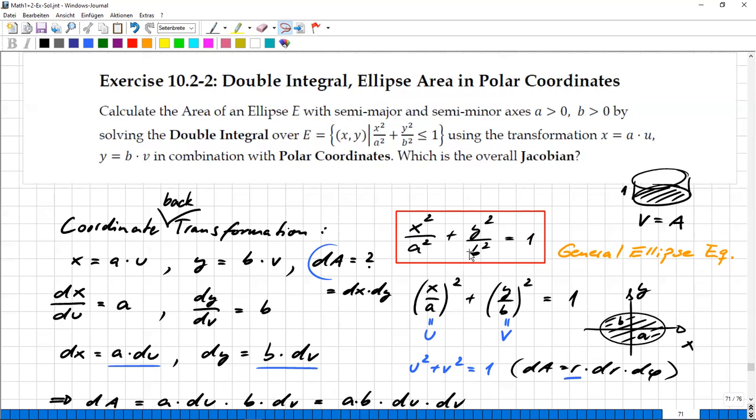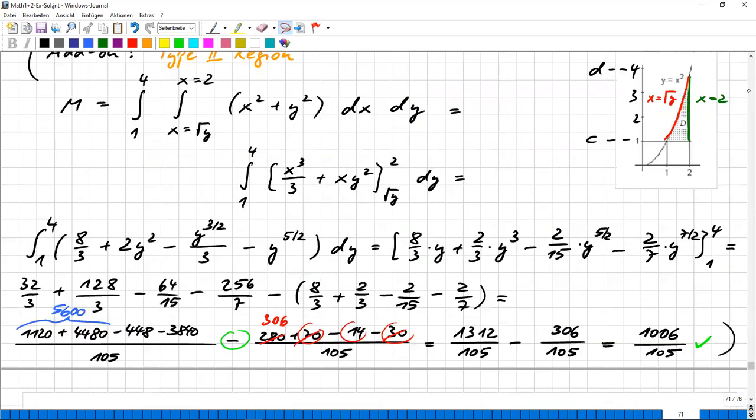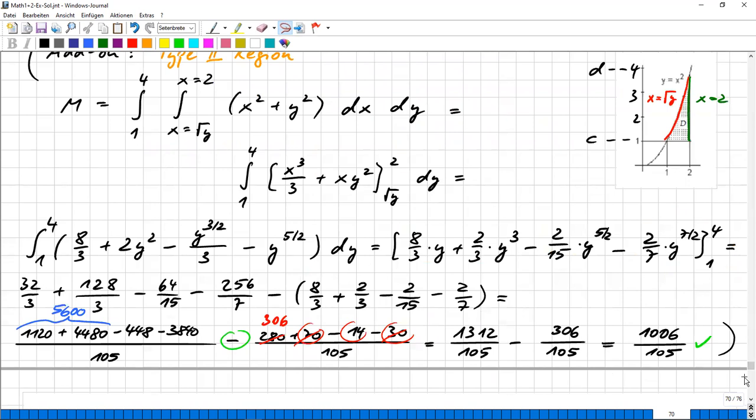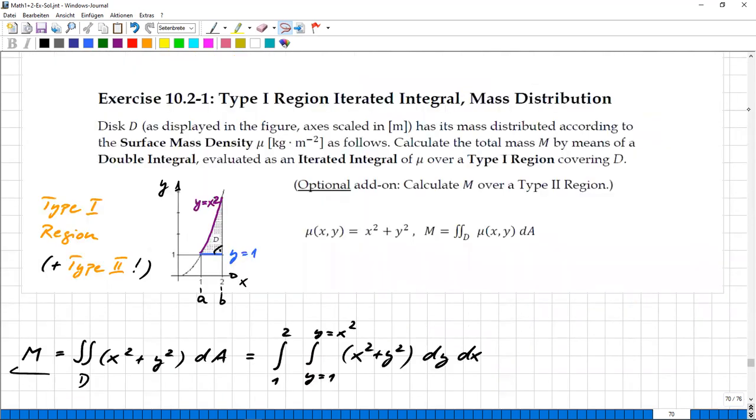So the idea is just to set up a double integral. Of course, we need a double integral in order to get along the whole area here. If you remember the previous exercise, this was a little different, but also here we had this so-called disk.